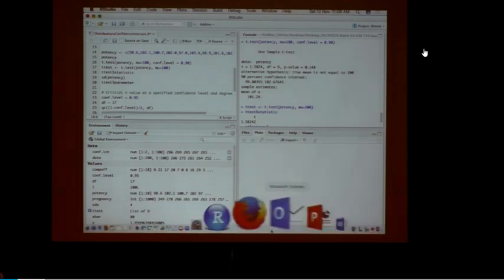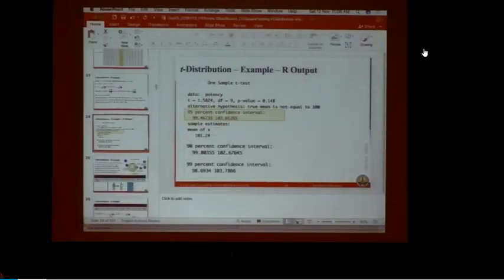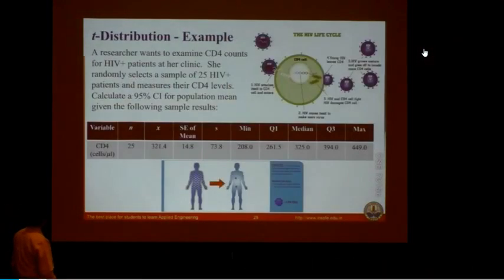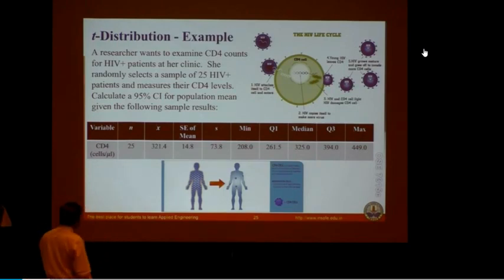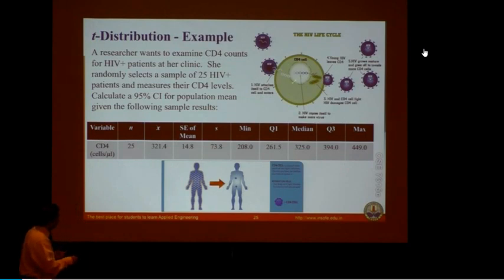Okay, so let's continue with another example and then we move on to chi-square. A researcher wants to examine CD4 counts for HIV positive patients at her clinic. CD4 is an immunoprotein or something that protects immune cells. These CD4 are the immune cells.